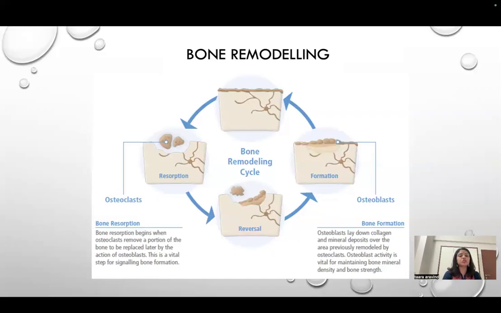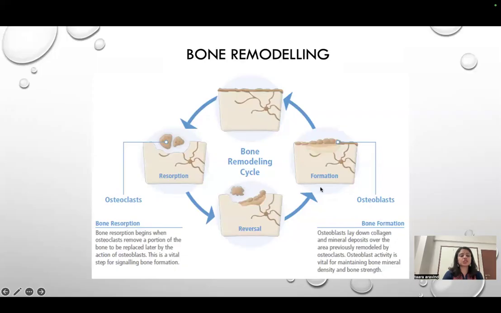The reversal line appears highly hematoxyphilic and highly irregular. In the reversal phase, there is differentiation of the osteoblastic precursors. Resorption has ended, and when it reaches the reversal stage, the osteoblasts get differentiated. This leads to the next stage, that is formation.